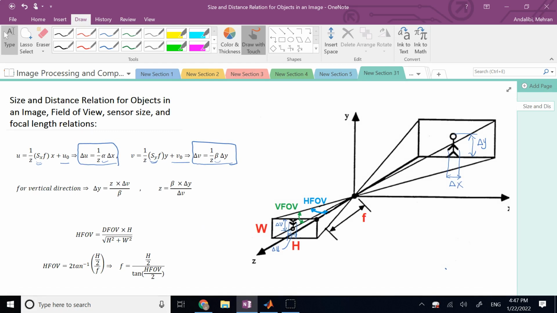Now the question is this: if there is an object with a known size in the world frame, and I look at the picture of that object with the known size, and I can measure for that object, let's say a delta v or delta u or a combination of them, is there a chance I can estimate the depth or the range or the distance between the camera and that object?